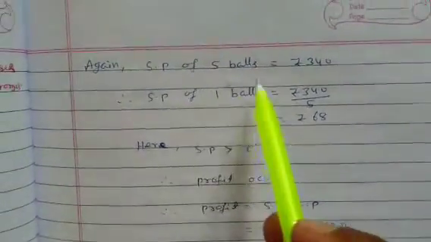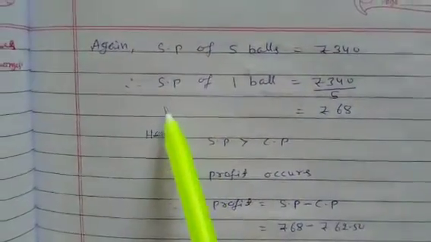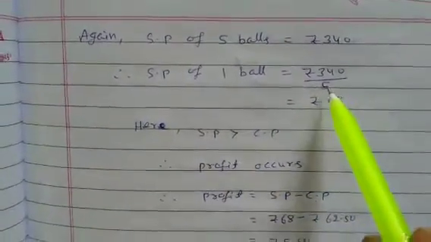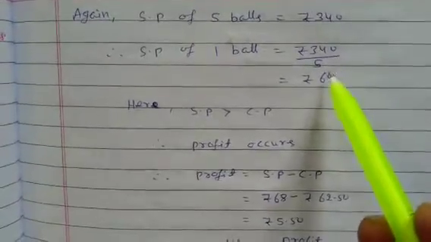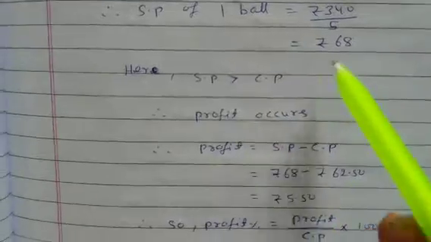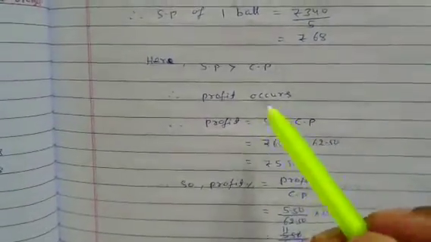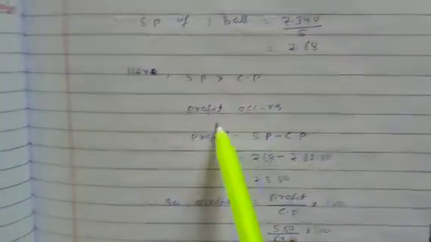Again, SP of 5 balls is equal to rupees 340. So SP of 1 ball is equal to 340 by 5, equal to rupees 68. Here SP is greater than CP, so profit occurs.